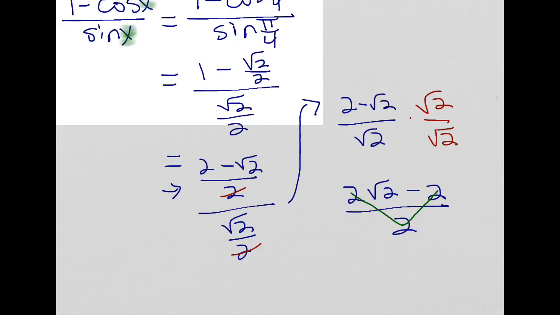Those will cancel out, and I can simply write my final answer as square root of 2 minus 1. Or the better way to look at it is to write it as negative 1 plus the square root of 2. However, I will accept either answer.